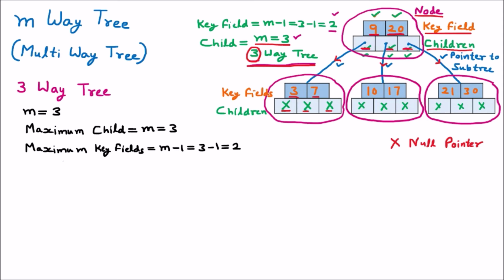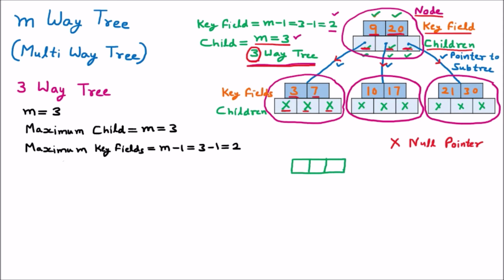So now we are going to construct a node for the three-way tree. The node which we are constructing is having the maximum children. We can see that the maximum number of children present is 3. So here we are constructing a node which is having the 3 children. So let us suppose that there are 3 blocks. 3 blocks are representing the 3 children.